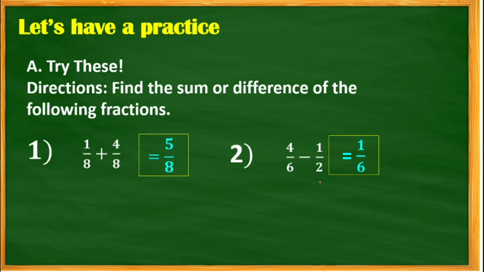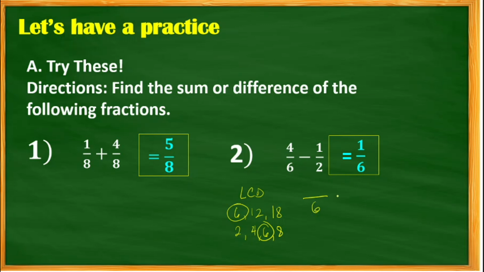So let's get the LCD. The LCD of 6 and 2: 6, 12, 18, and then 2, 4, 6, 8. So the least common multiple is 6.